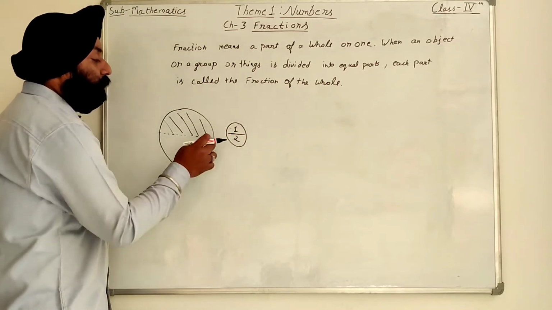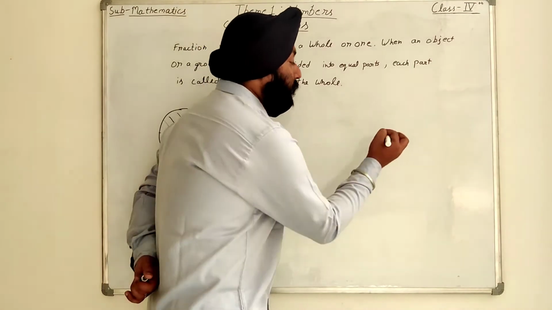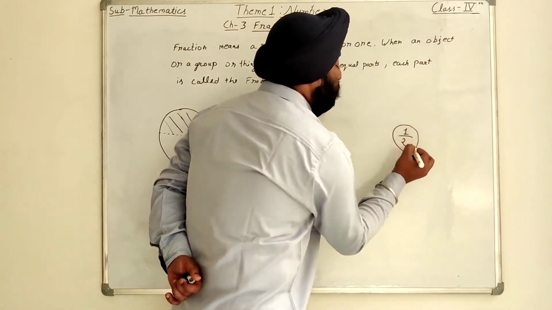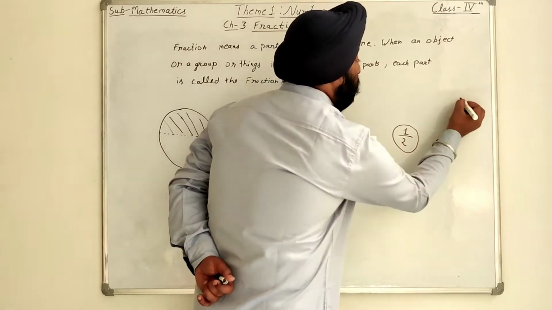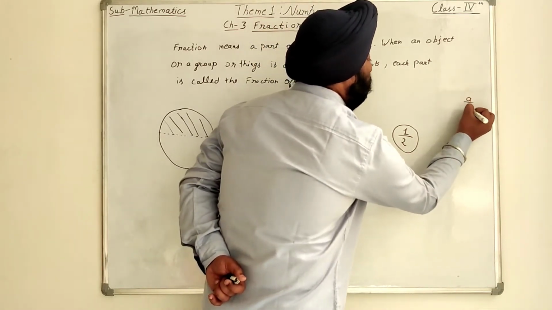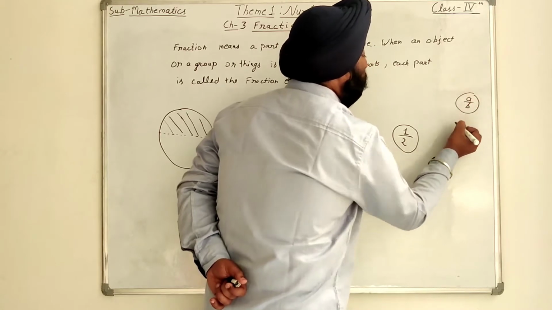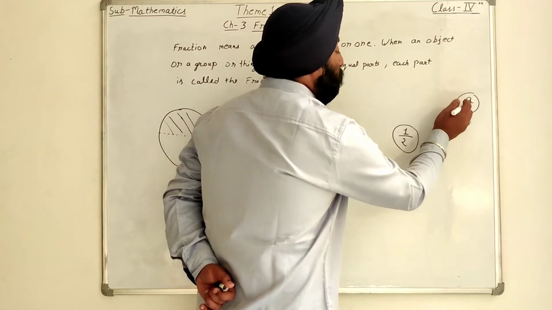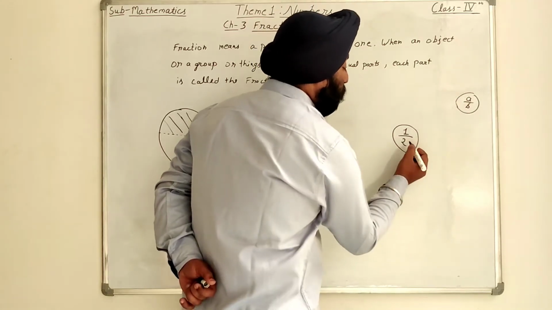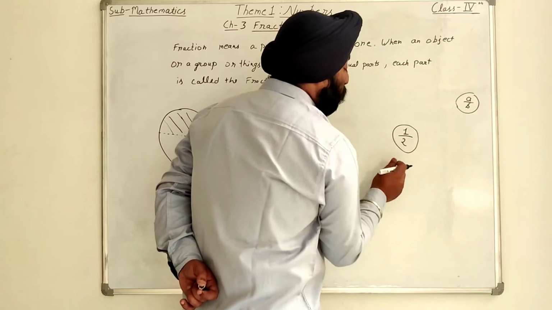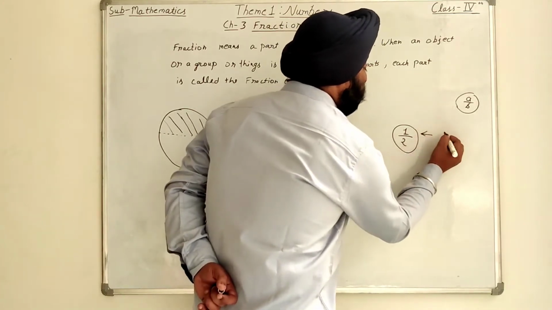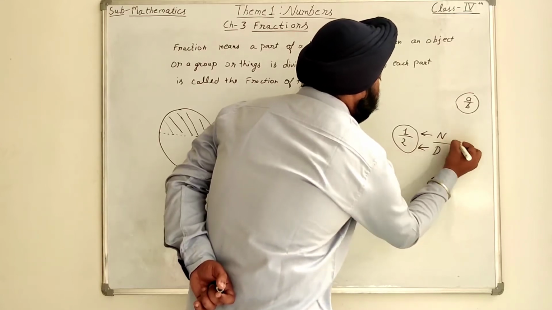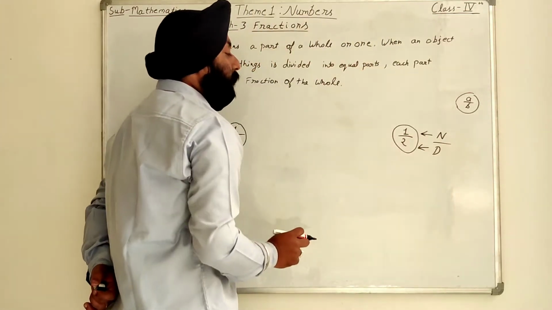One more thing we have to clarify, that a fraction is written in the form of a upon b, where b is not 0, b cannot be 0, like 1 upon 2. 1 is the numerator and 2 is the denominator.